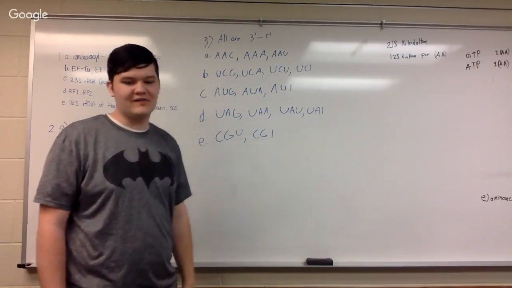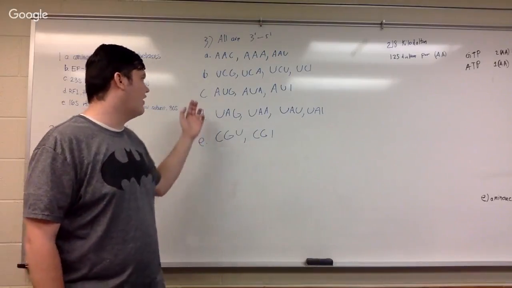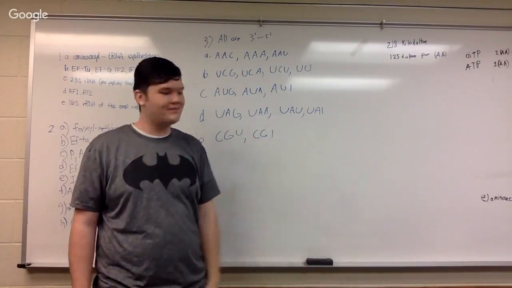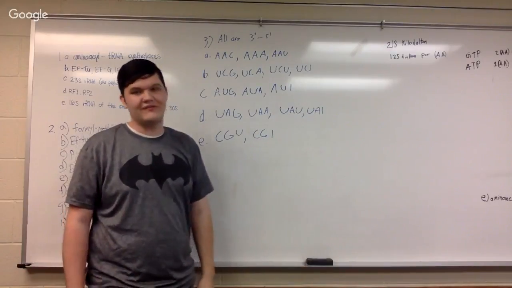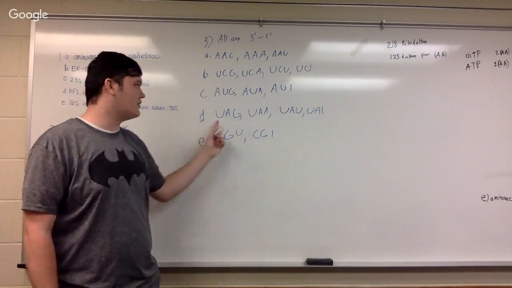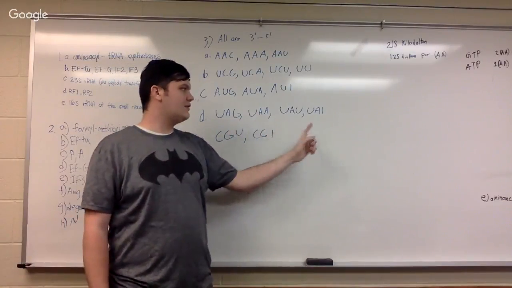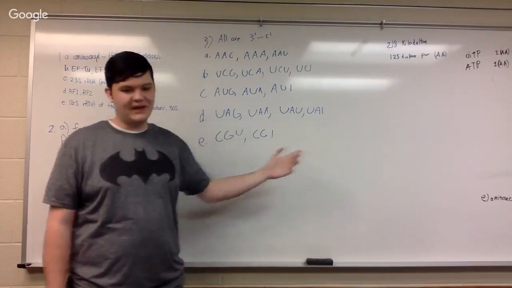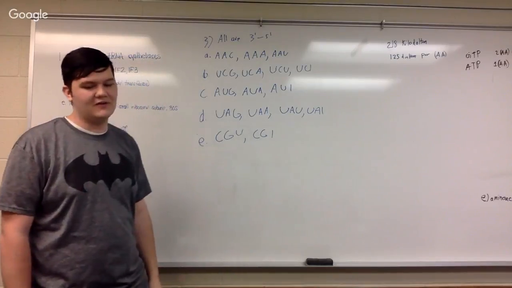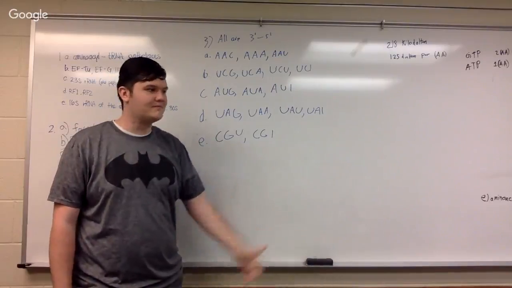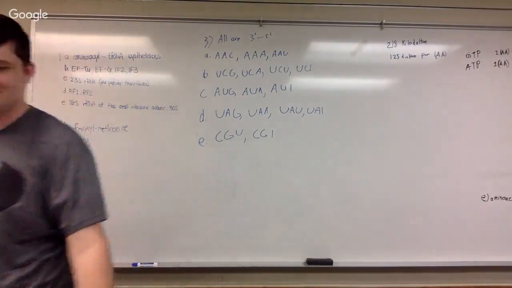The anticodons for UAC are AUG, AUA, and AUI. The anticodons for AUU are UAG, UAA, UAU, UAI, and finally for E, the anticodon for GCA is either CGU or CGI. That's it.